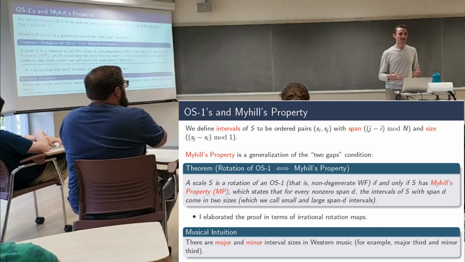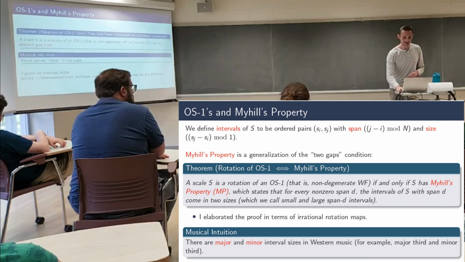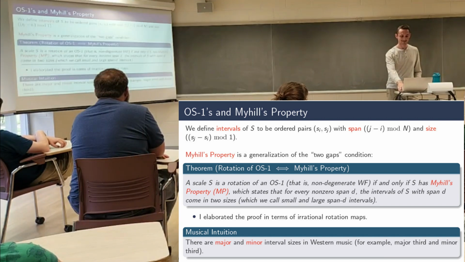And Myhill's property then is a generalization of the 2 gaps thing we just talked about. Oh, I forgot to mention one thing. The 2 gap thing is equivalent to what's called the Steinhaus conjecture, which is a famous one. Yeah, shout out to Steinhaus.